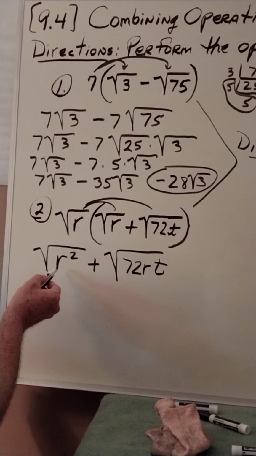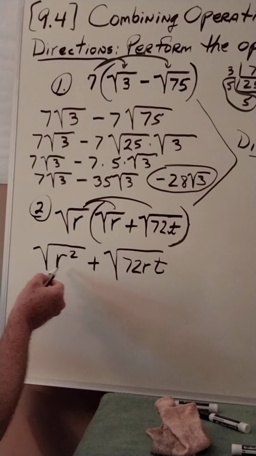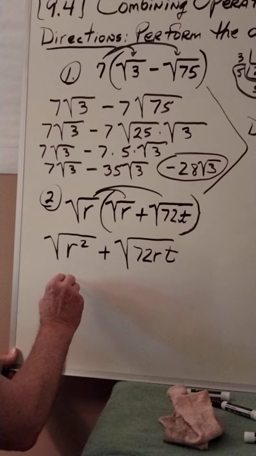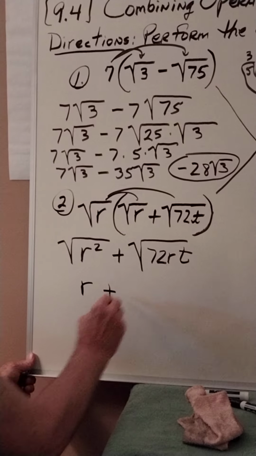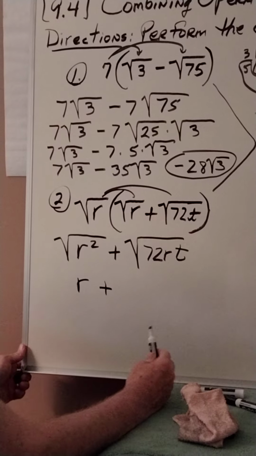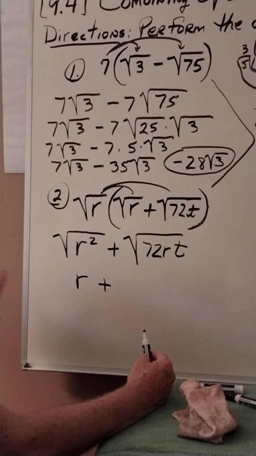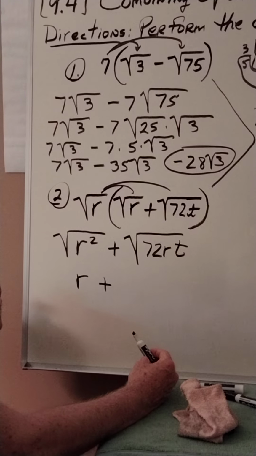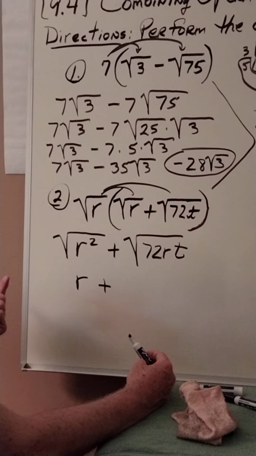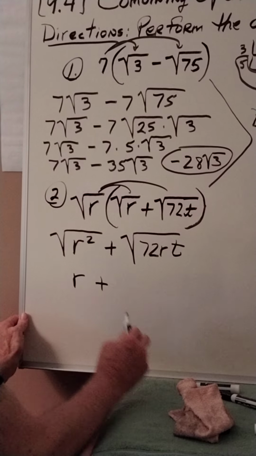Radical of r squared is a perfect square. It's rational. We'll write the rational, r, plus the square root of 72rt. The rt, that's not a perfect square, but within 72, there is.